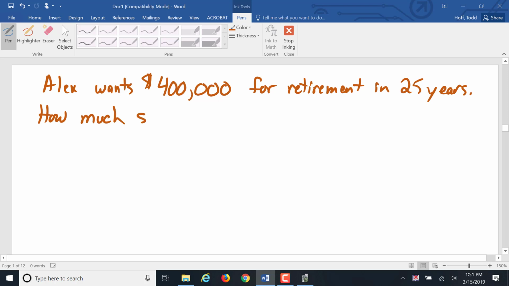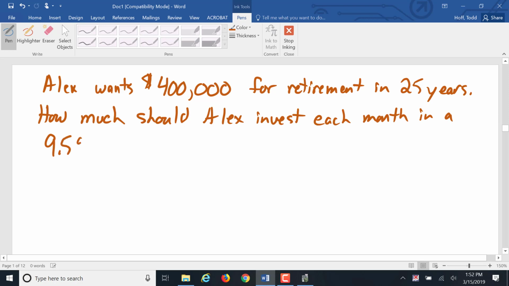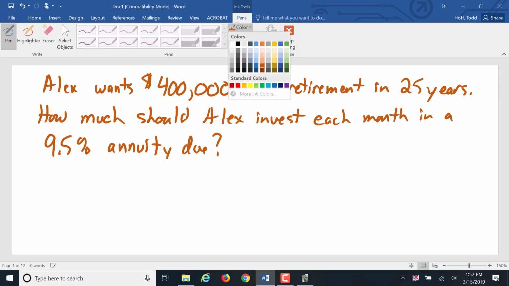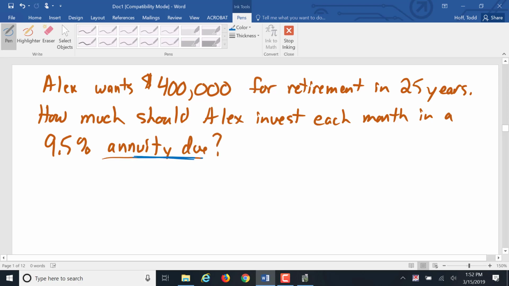How much should Alex invest each month in a 9.5% annuity due? Again, that phrase annuity due came up, so that tells us we're making the payments at the beginning of each period, so we do have to have 1 extra period's worth of interest.